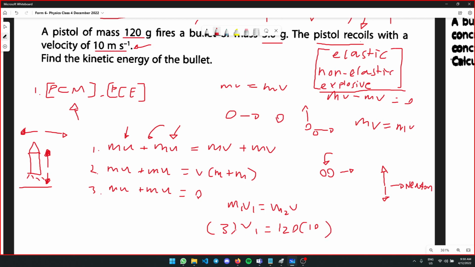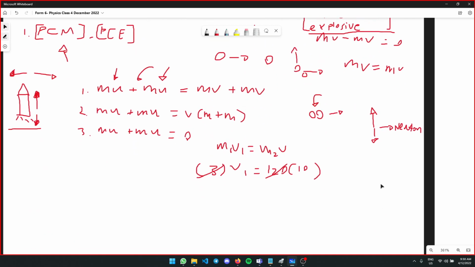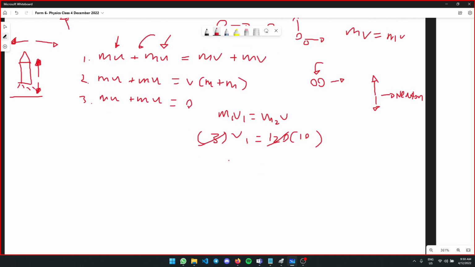I just leave it as grams because the mass unit will cancel out, and we're only interested in the velocity. For now you can just leave it as grams. So you get V1 equals 400 meters per second.